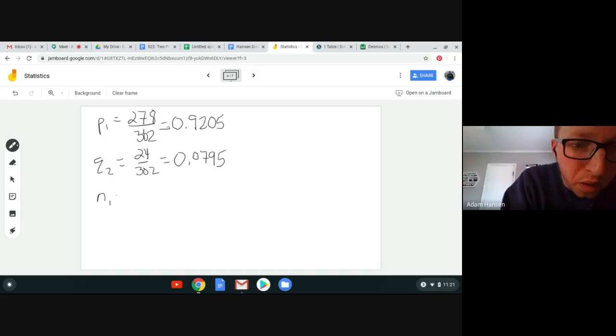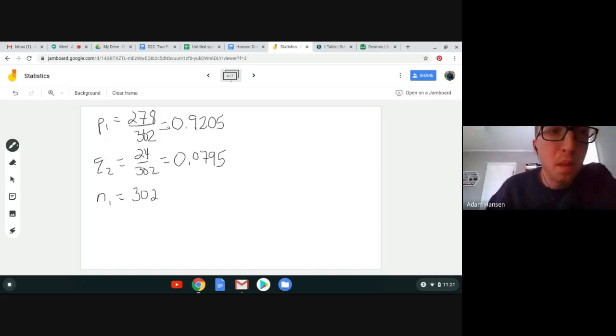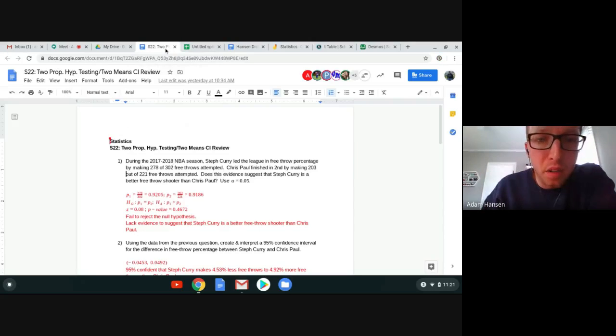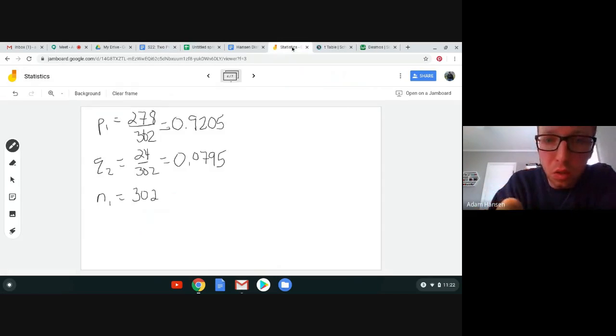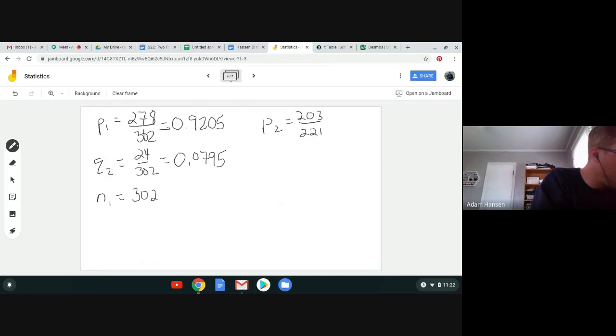Curry also took 302 free throw attempts for our sample size. Going back to here, Chris Paul finished in second for the league by making 203 out of 221. So for group two, 203 out of 221 is 0.9186.